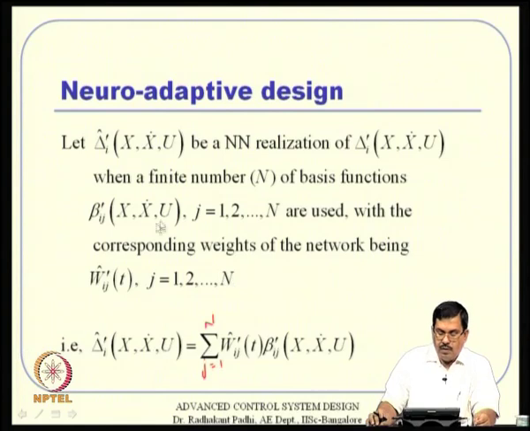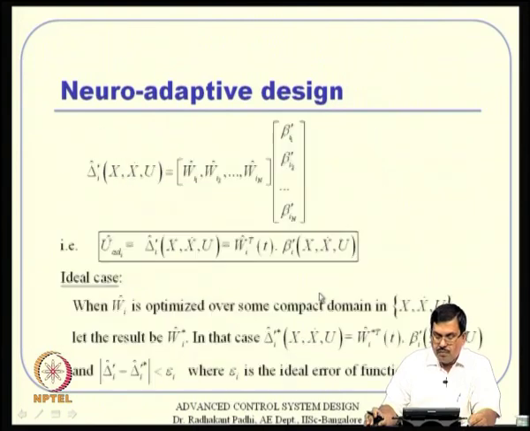The betas are designed, that means the basis functions are chosen a priori. Typically one way to select them is a Gaussian network, because the weights appear linearly. We are talking about a network that is linear in the weights. So, if you select Gaussian basis functions, the network is interpreted as linear in the weights.